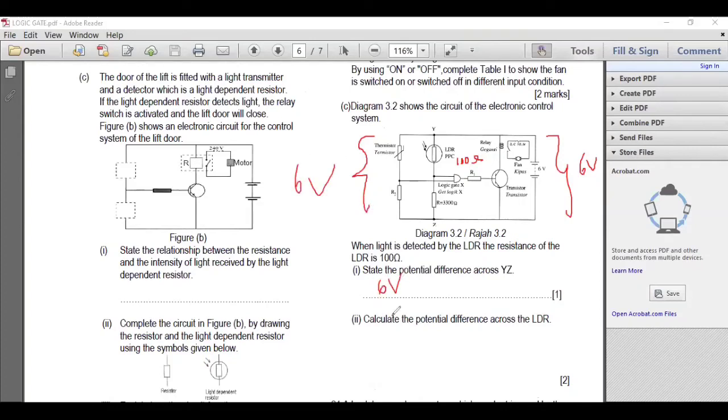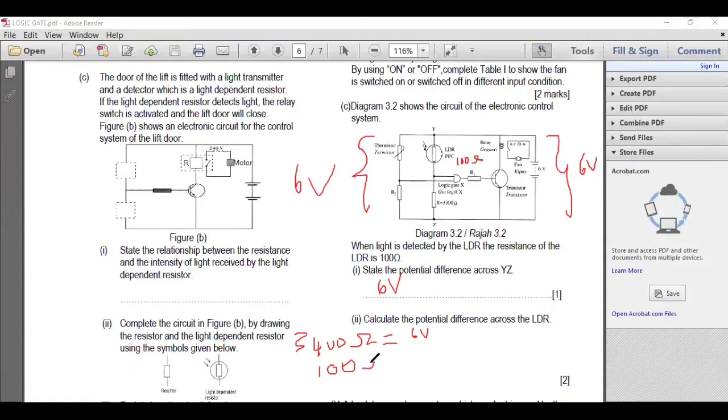Then they ask you to calculate the potential difference across the LDR. We can use the ratio method. From here to here, the total resistance is 100 plus 3,300, so that means 3,400 ohm is 6 volt. If it is only 100 ohm, how much?